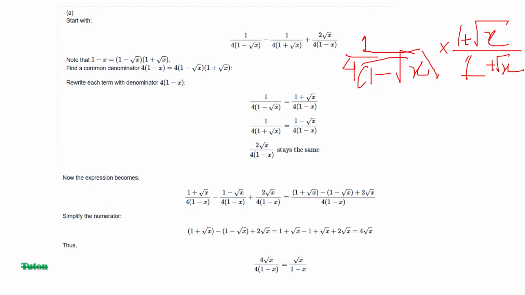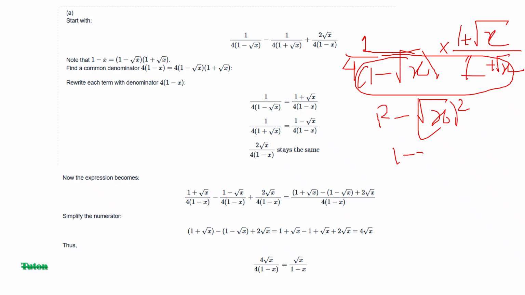Now for the denominator term, we have to use the formula for A minus B times A plus B, which would be A square minus B square, which is obviously root x to the power square, and we have got 1 minus x. We have got 1 minus x as the denominator, and the numerator will contain this term, as we can see here.